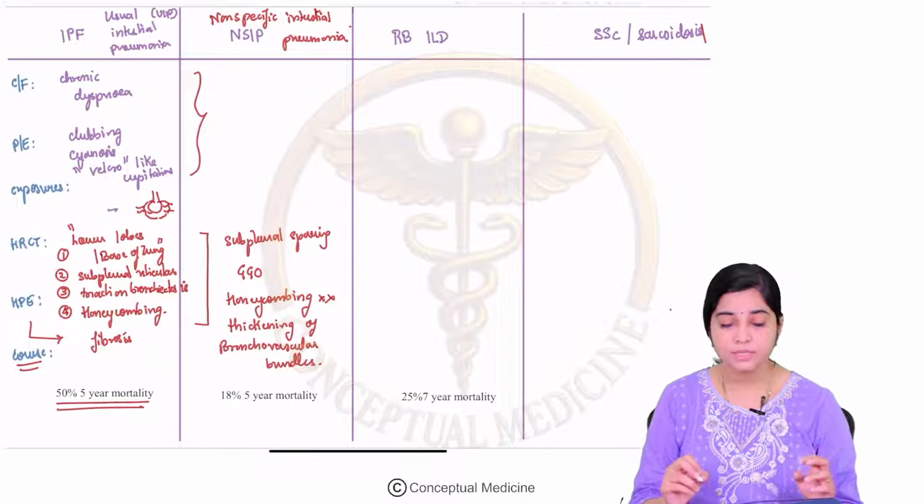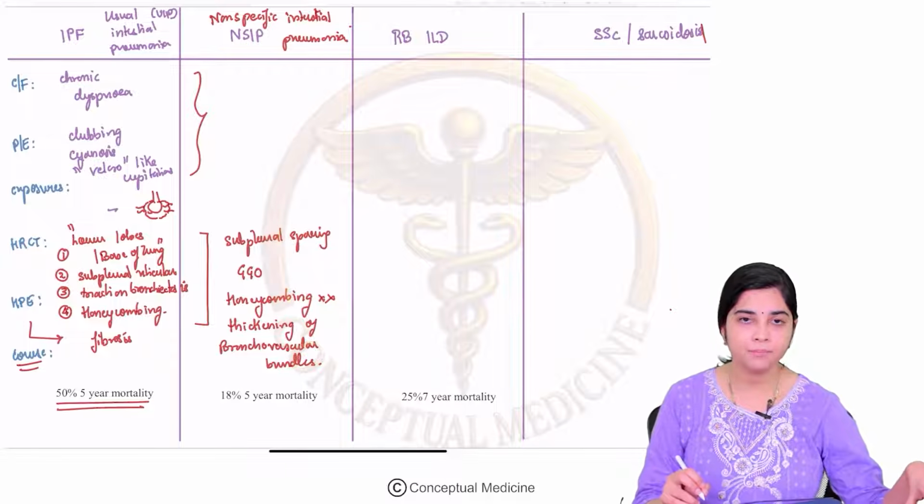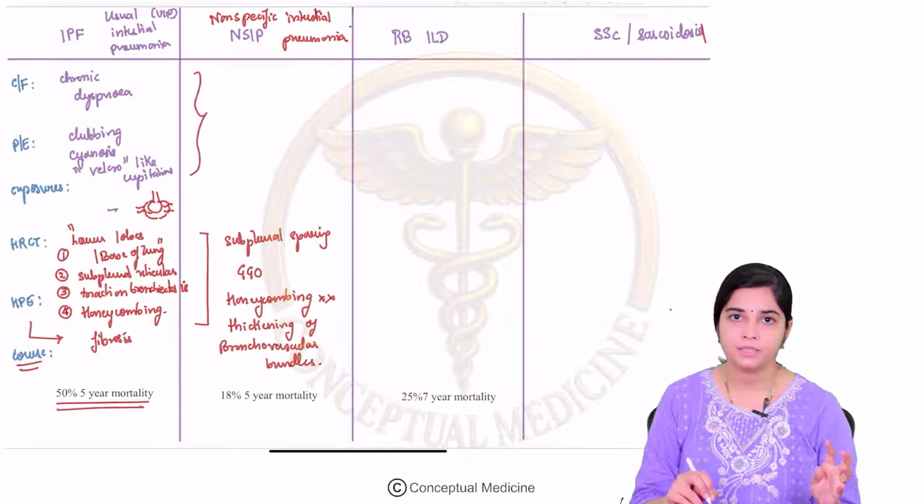Okay. So these are the most important differences between the HRCT findings of IPF, which is your UIP pattern, and your NSIP pattern. Okay, clear?